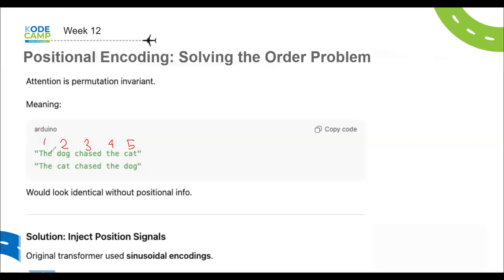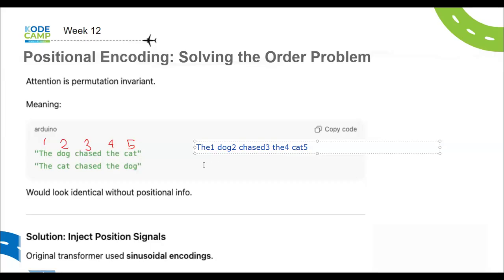So for example, if we now extract this out, the word, the token actually changes. That's what positional encoding does. It slightly changes the token by adding these tags to it. So this will now be the 1, right? Dog 2, chased 3, the 4, cat 5. It's something like that, right?